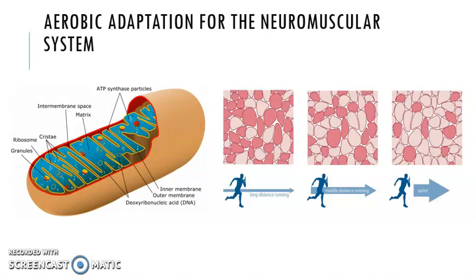There is also an increase in myoglobin content from around 75% to 80%, again meaning that more oxygen can diffuse into the muscles from the blood, making it easier for aerobic exercise.